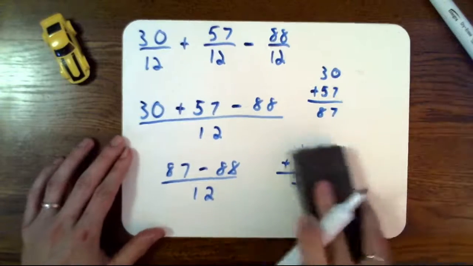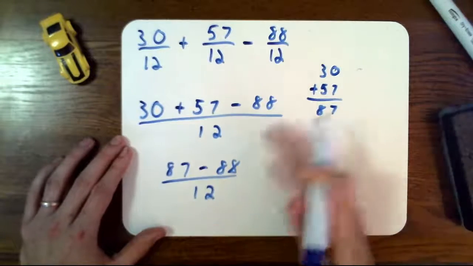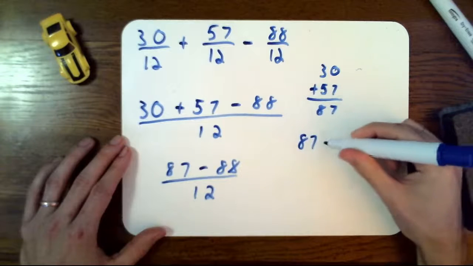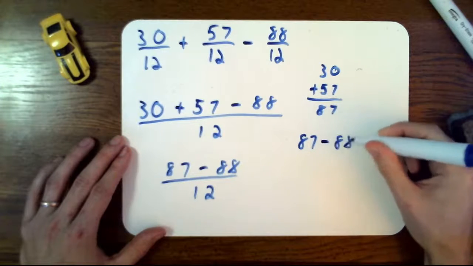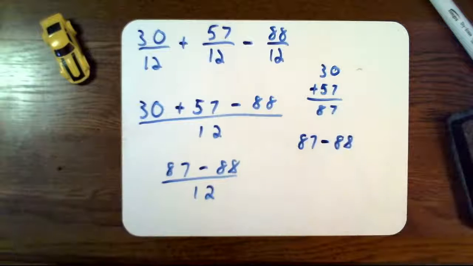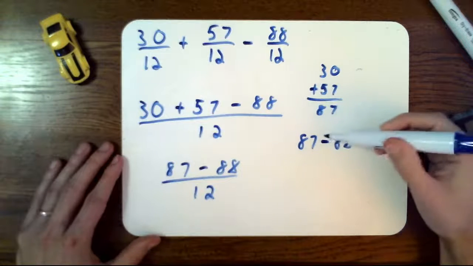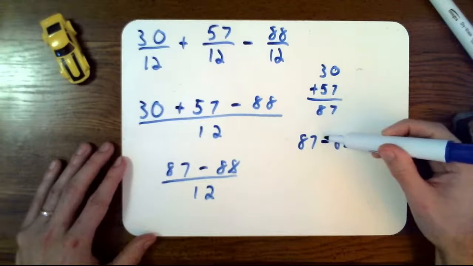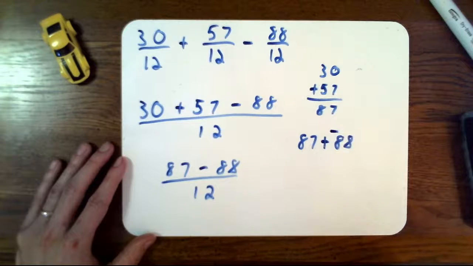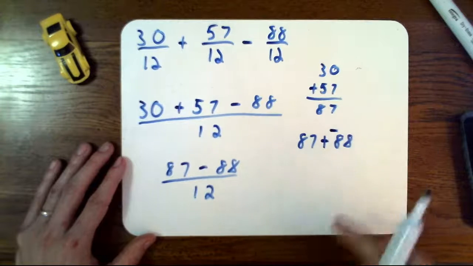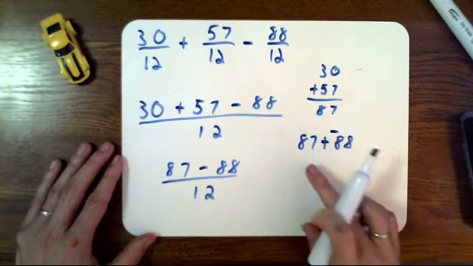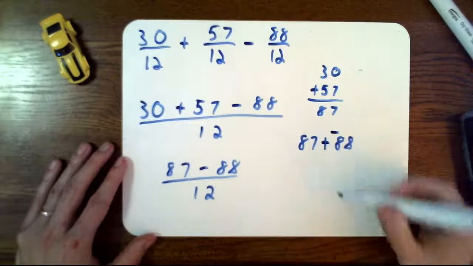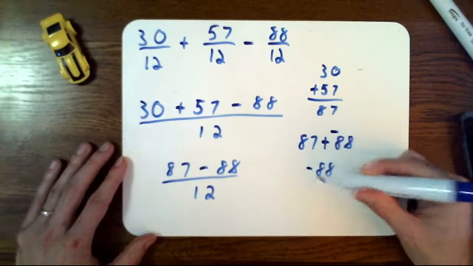Another way to do this is with keep, change, change. And this is more of an organizational thing. If this doesn't work out for you, don't worry. If the one before made sense, you can go ahead and use that. But whenever you have a subtraction symbol, you're going to keep the first number, change the sign, change the sign. So keep, change, change. Change it to addition. And now we're adding the opposite of 88. And now you can organize it.